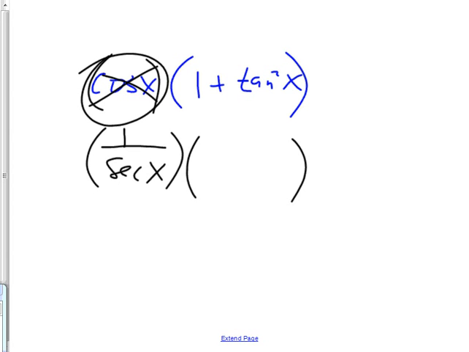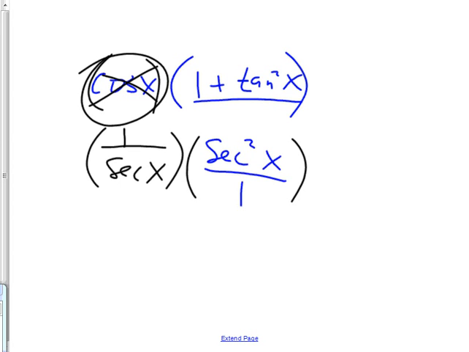Do you remember that nifty little saying I taught you yesterday? The one with the tan is what we seek. And therefore, this is a secant. Just be careful. A common mistake is to just put secant. It's actually secant squared.